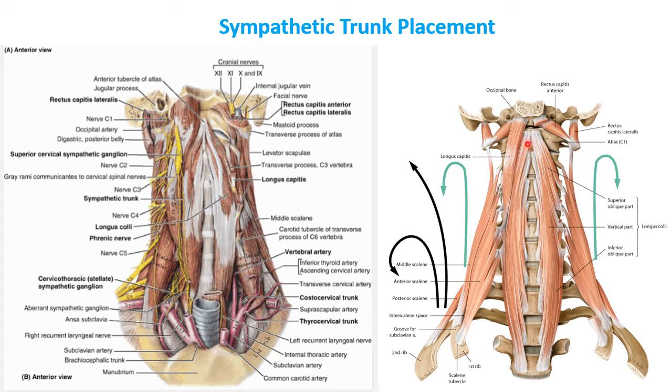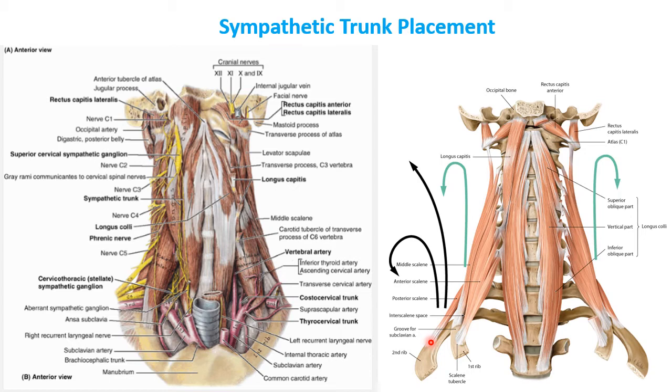And running from the atlas all the way down towards the mediastinum, as well as towards the various other vertebral bodies of the cervical and thoracic vertebrae, is the longus colli. Now all these muscles form the prevertebral muscles, and these prevertebral muscles are weak flexors. More laterally, you can see the scalenus anterior, the scalenus medius, and the scalenus posterior.